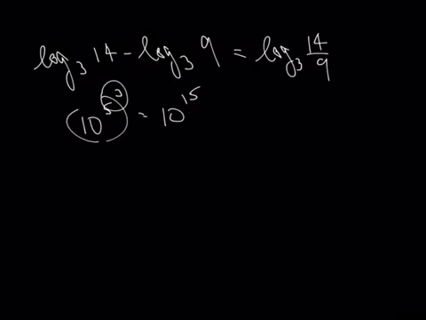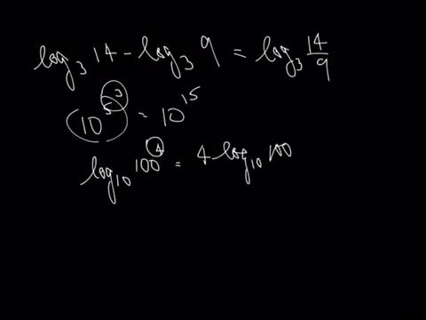If I have log of 10 to the 100 to the 4th power, that can be written as 4 log 10 to the 100. Okay, so all I do is move the exponent to the front. If the exponent is in the front and I need to make a change, I can move it back over there.